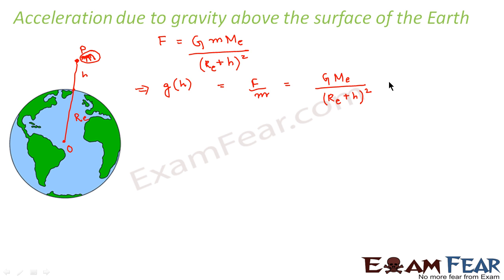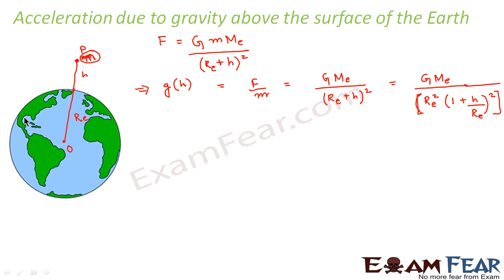Right? Now in this case, let us take out Re as common. So I am left with 1 plus h by Re whole square.